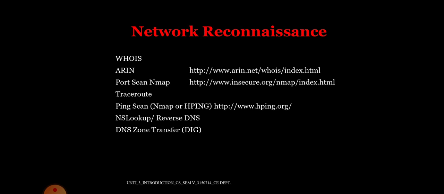Then port scan in Nmap; port scanning we already learned in the last unit. Traceroute, ping scan. Ping scan is a part of Nmap or hping. For the same, you use this URL, hping.org. NS lookup is also used. Reverse DNS is also used for scanning a network and identification of a particular domain or system. DNS zone transfer, DIG, is also used.